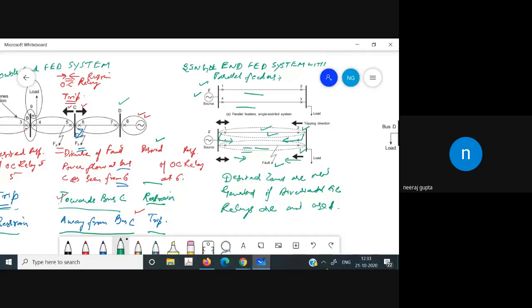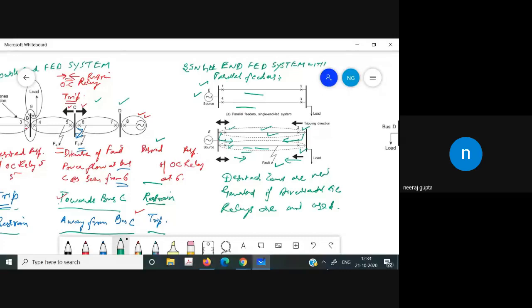So the tripping direction is away from the bus, as we have seen in this example, then definitely we can trip those circuit breakers only, so we will have the tripping at the locations 2 and 3. However, at the location 1 and 4, a non-directional overcurrent relay can be used.